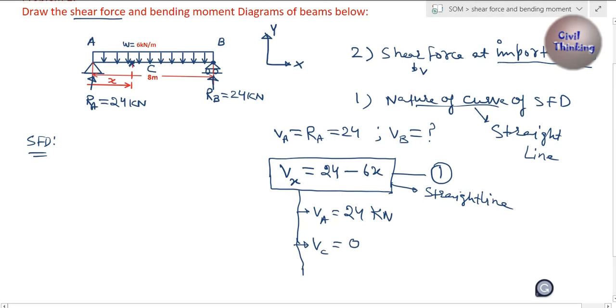Now let's find the shear force at B. How much is the shear force at B? First is 24 minus 6 multiplied by x, right? What is the value of x at B? X begins from A and goes to 8, so x is 8, because the total length is 8.